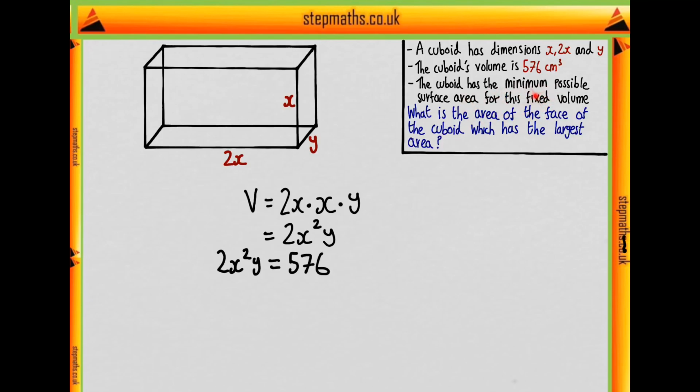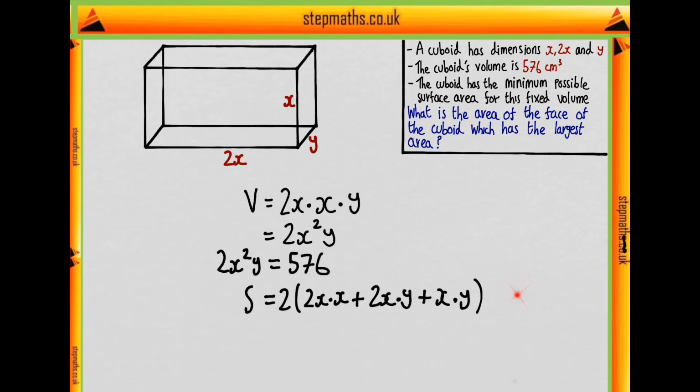So it would certainly help to have some type of expression for S. So we know S is equal to 2 lots of the sum of each possible area we could have. So it's 2 lots of 2x times x, i.e. the area of this rectangle, plus 2x times y, which is the area of this bottom rectangle, plus x times y, which is the area of this side rectangle.